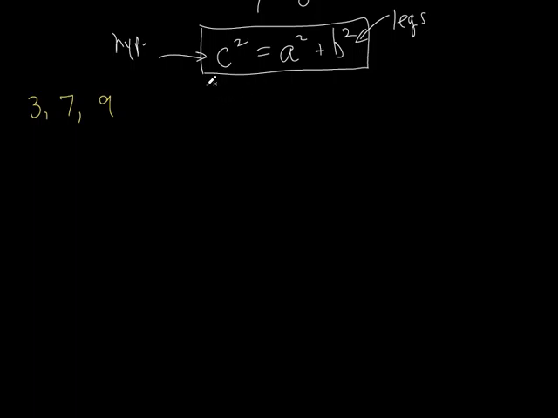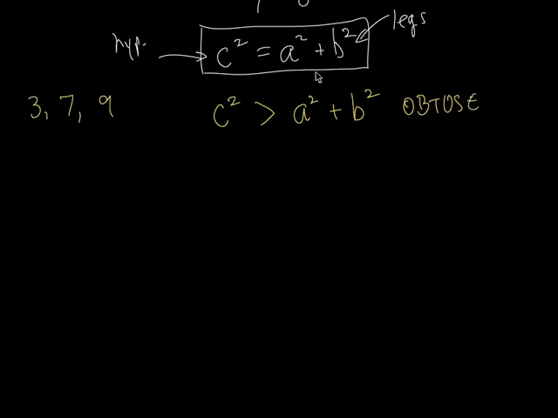Watch this. If I took the longest side, C squared, and if it came out to be larger than the sum of the squares of the other 2 sides, hear what I said? Sum means add the squares of the other 2 sides. If this was larger than this, it's going to be an obtuse triangle.